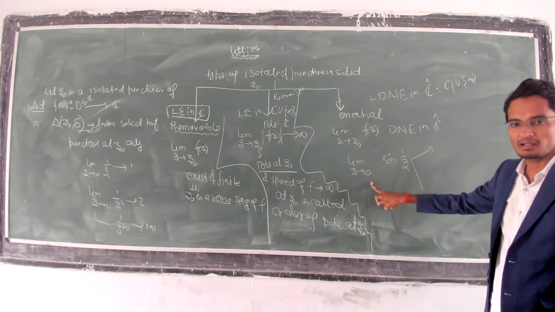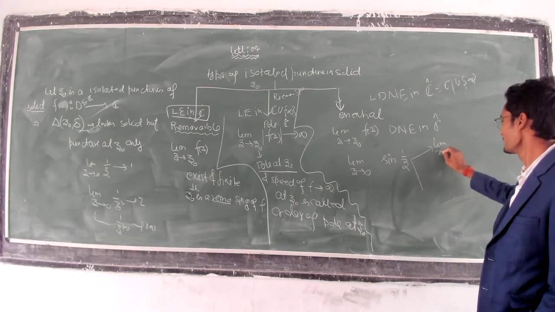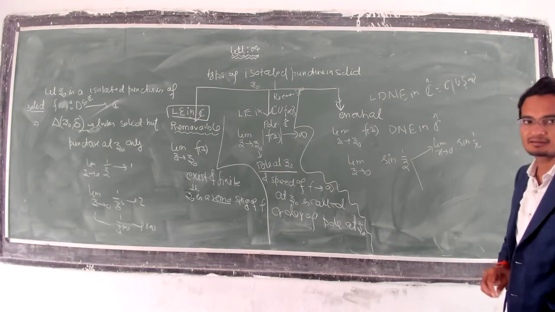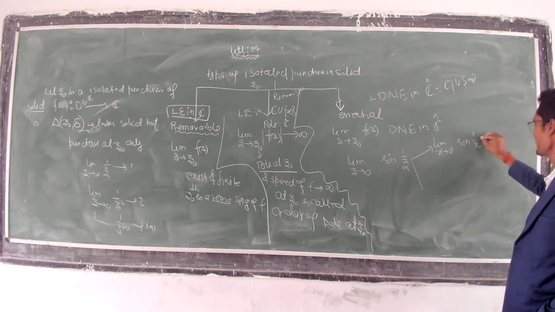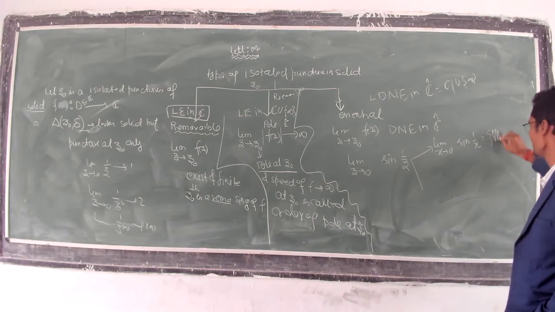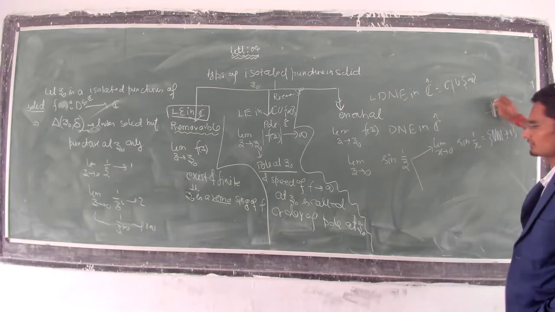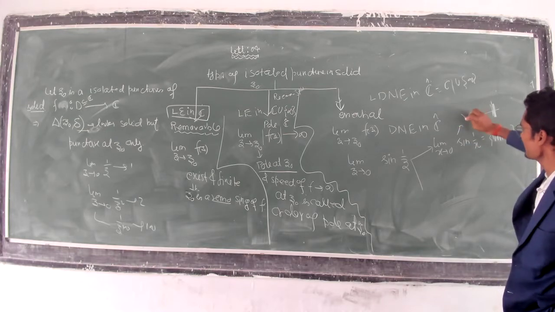I can move along two directions, one along the real axis. What will this be? It will oscillate between plus and minus 1, right? So the answer is done. It means that the limit does not exist.